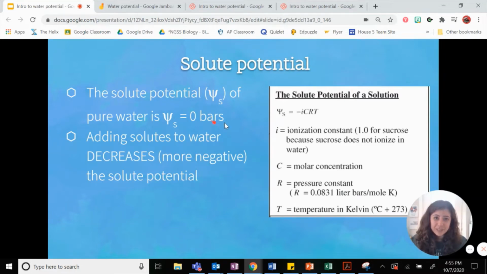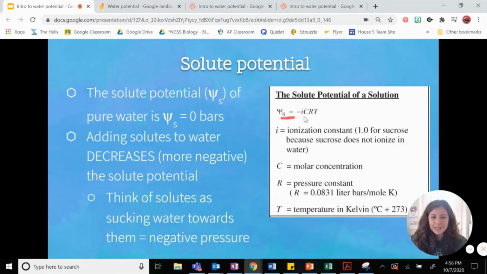It's going to decrease, right? Because of this negative sign right here. Don't forget that negative sign. It's so crucial. So if we have a really concentrated solution, it's going to have a really, really, really negative solute potential. And so because of that negative sign, that's why solute potential can only be 0 or negative. If you're doing a problem and you get a positive solute potential, you did something wrong.